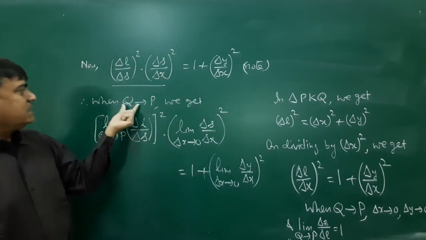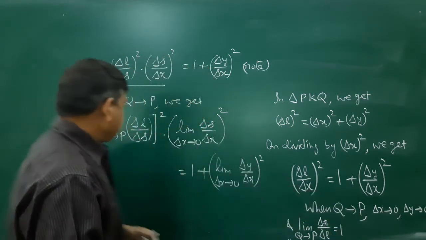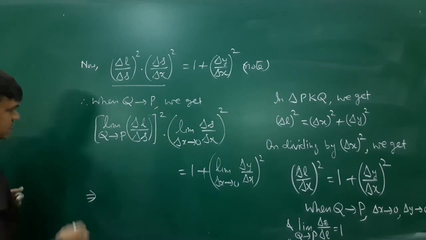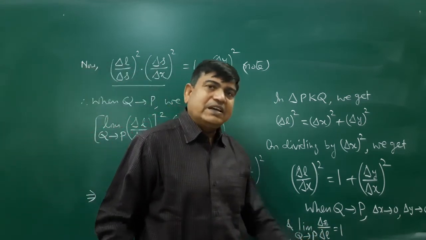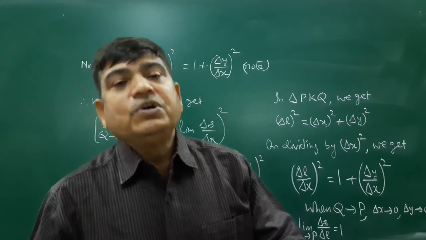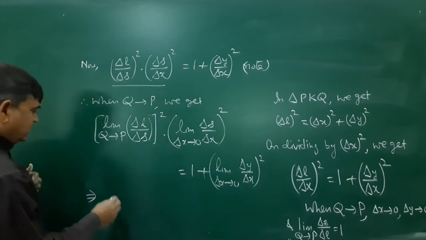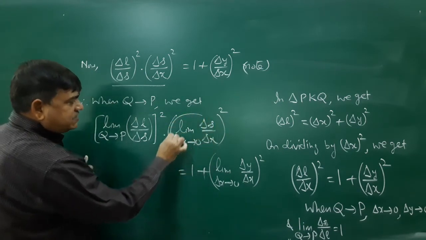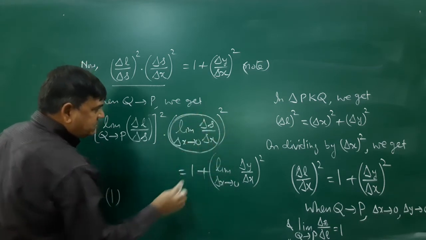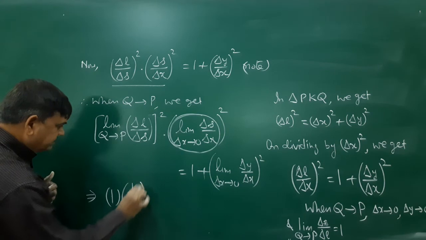Taking the limits under this condition, when Q tends to P, we will have this type of situation. It is delta L upon delta S. Here it is delta S upon delta L. यदि आप उसका रेसिप्रोकल करते हो, व्युत्क्रम करते हो, तो 1 ही आंसर आएगा, इसलिए कंफ्यूजन नहीं होना. This is 1, and this is the definition of derivative. This is ds by dx.